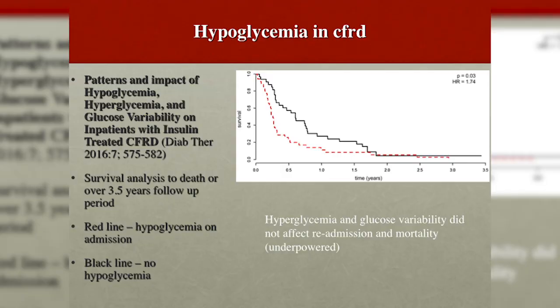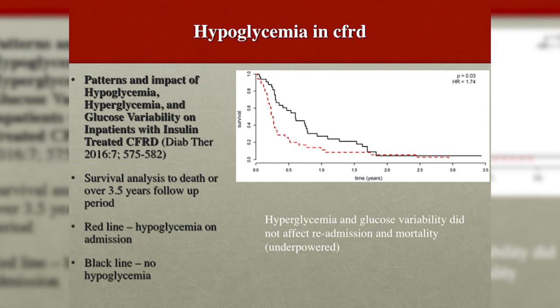What about low blood sugar? When we are treating any diabetes, we're usually worried about low blood sugar caused by the treatments we give to patients. So is there any harm from CF-related diabetes hypoglycemia? It has been shown that there are effects of hypoglycemia in the cystic fibrosis population.